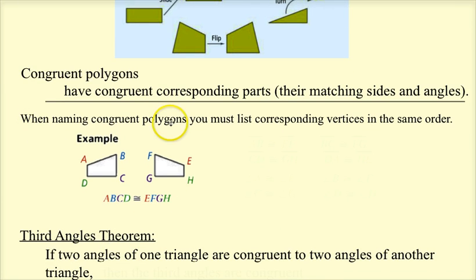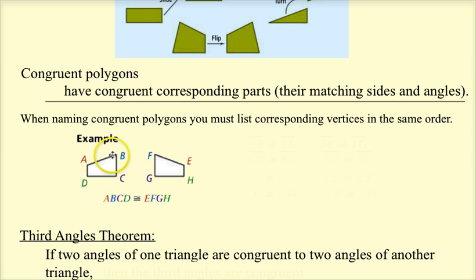When you name a congruent polygon, you have to list the corresponding vertices in the same order. Now this example right here, the corresponding parts are color coordinated. So angle A corresponds with angle E, angle B corresponds with F, C corresponds with G, and D corresponds with H. So if I'm saying that A, B, C, D is congruent over here, I have to put the letters in the same order.